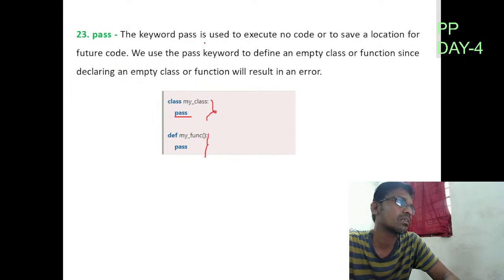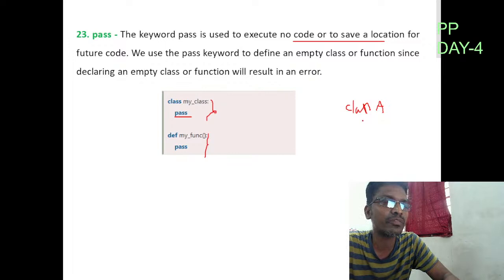So the keyword pass is used to execute no code. You're not going to execute any code, nothing. If you are not interested in defining the class or the function, then you have to use the pass keyword. For example, if I write inheritance concepts like class A, and I'm not interested in defining the class A variables and methods, then I will write the keyword pass.